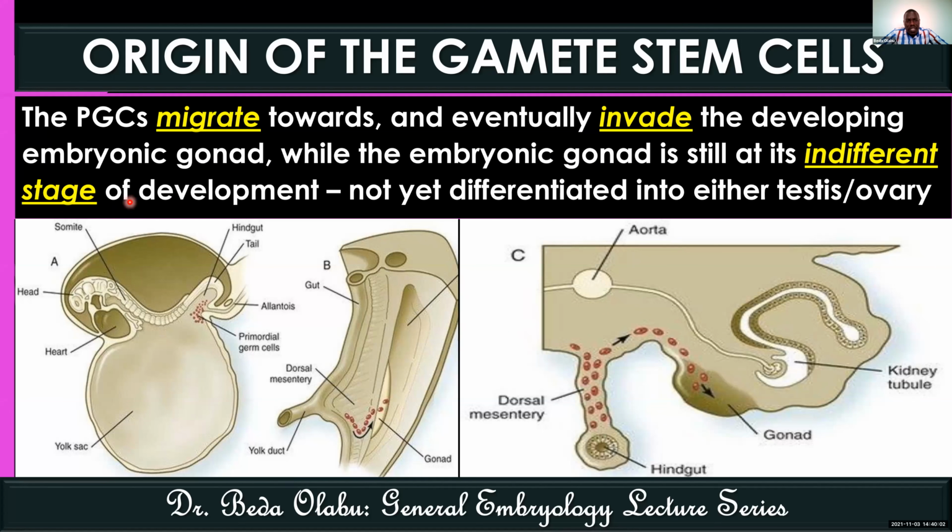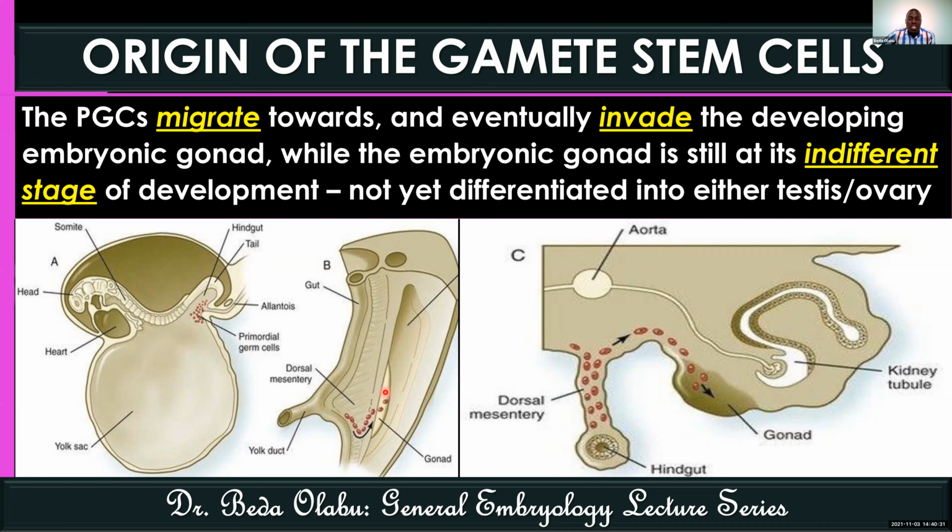The primordial germ cells, wherever they've come from, whether the wall of the yolk sac or the wall of the allantois, migrate towards and eventually invade the developing embryonic gonad. I told you that that process happens before the developing embryonic gonad has committed to whether it will become the testis or the ovary.